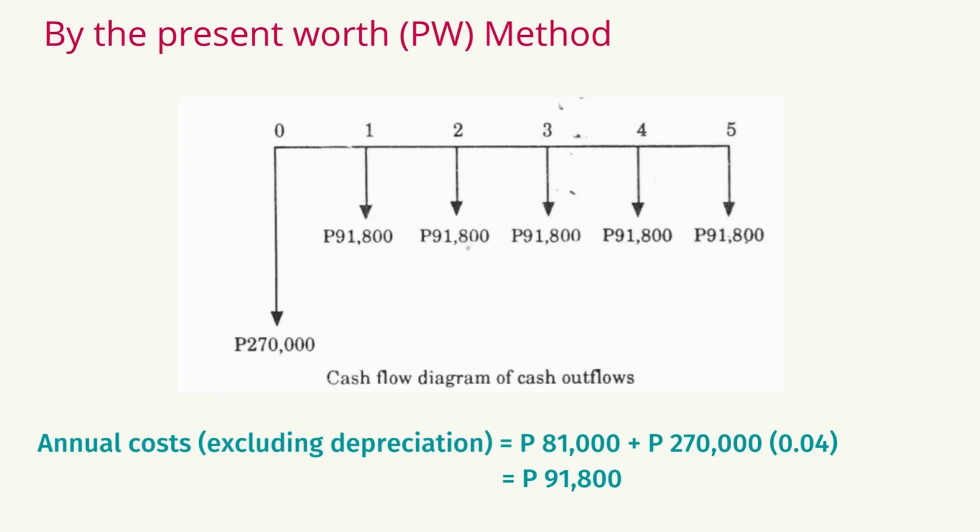So 81,000 plus 4% of 270,000 pesos, which is 10,800, is a total of 91,800. As you can see, that's the annual costs, so it is an arrow down, meaning cash outflow from year 1 to year 5.